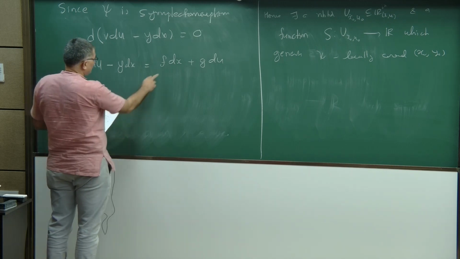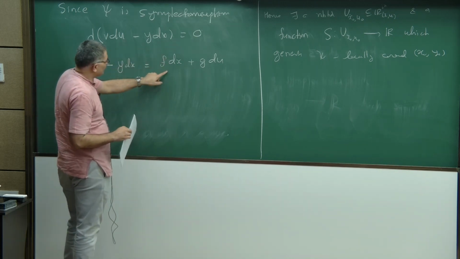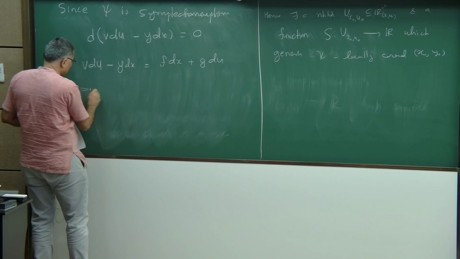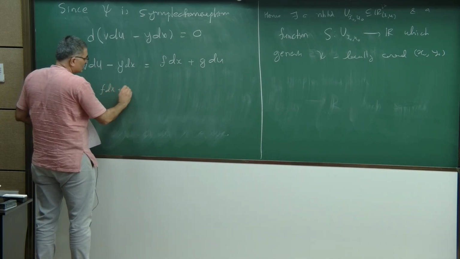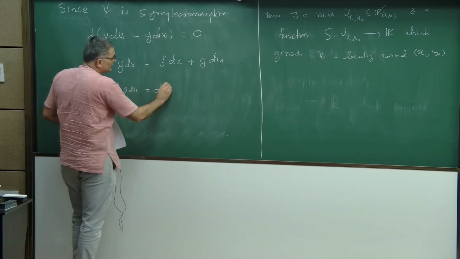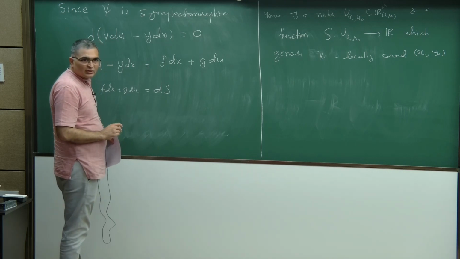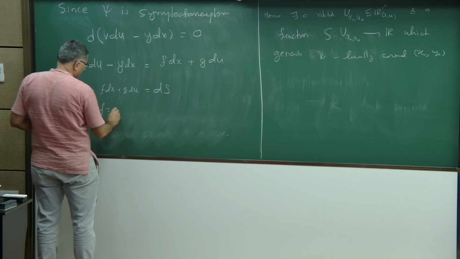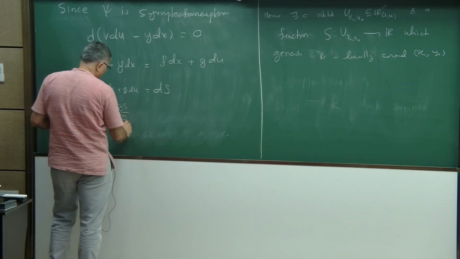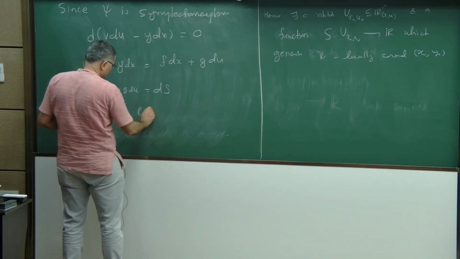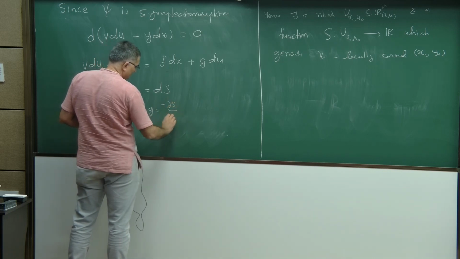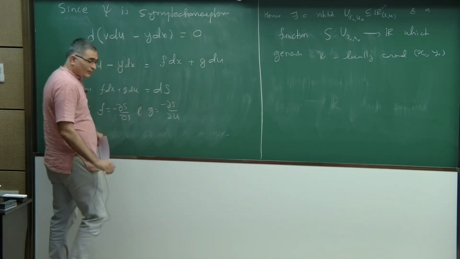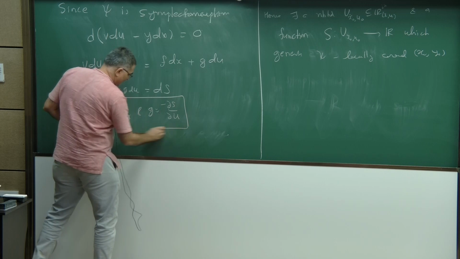And this means this is 0, that means this form is d of s for some s. Okay. So, this implies f equal to minus and this is what precisely you check is the condition.